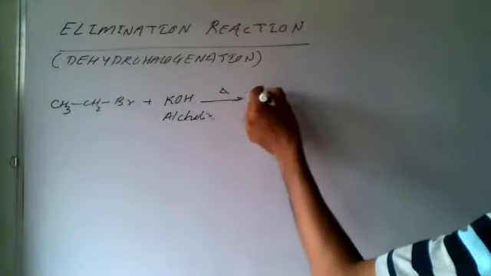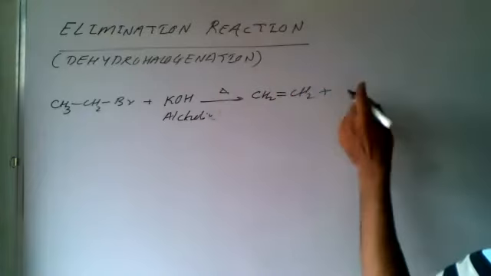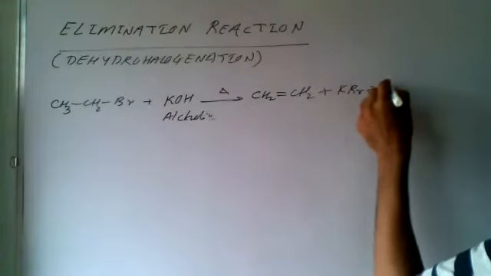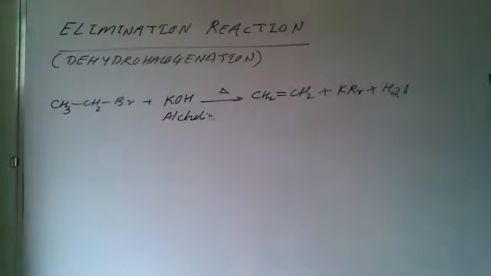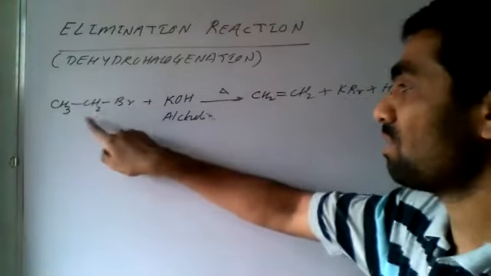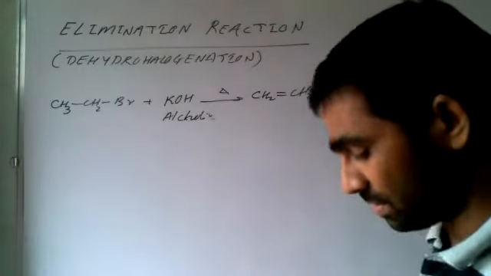Alkene will form. So this would be the product, and then KBr and water will form. In this reaction, there is a loss of Br from this carbon and H from this carbon. Therefore, this is called dehydrohalogenation reaction.